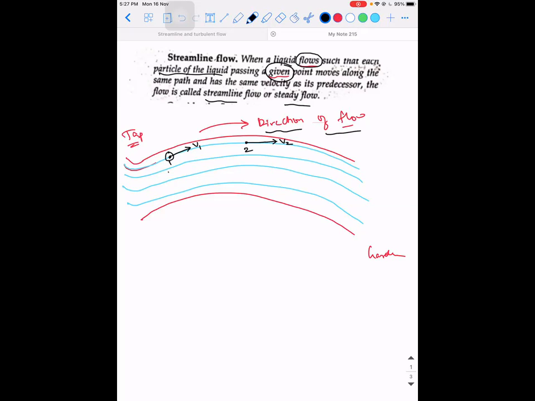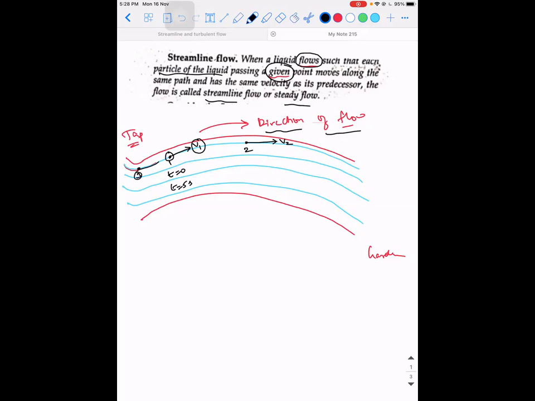This is at some instant, let's say t is equal to 0. Try to understand this. This is the time I'm starting the stopwatch. At t is equal to 0, I'm able to see a particle with velocity v1 crossing point 1. After t is equal to 5 seconds, what would have happened? There would have been some other particle at the back, which is also moving along the same path.